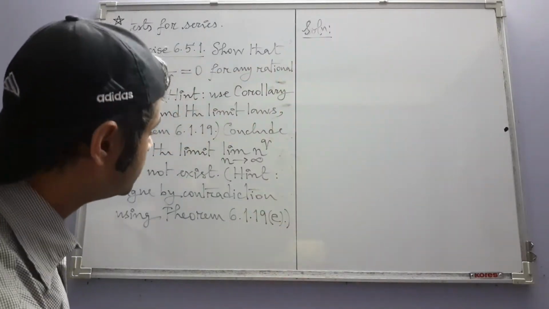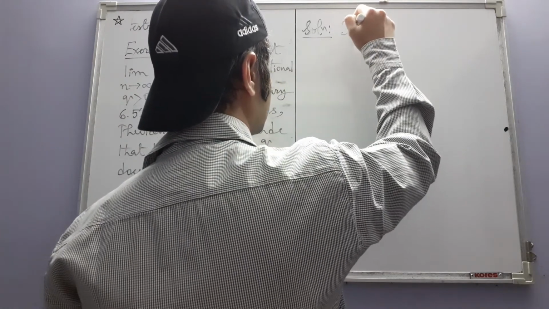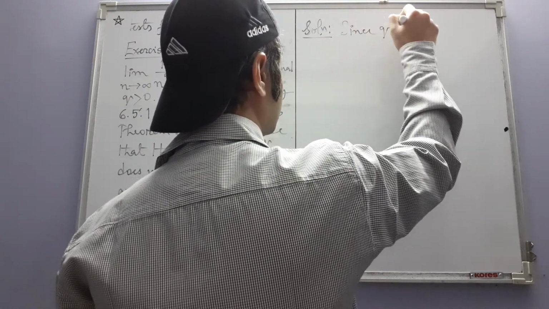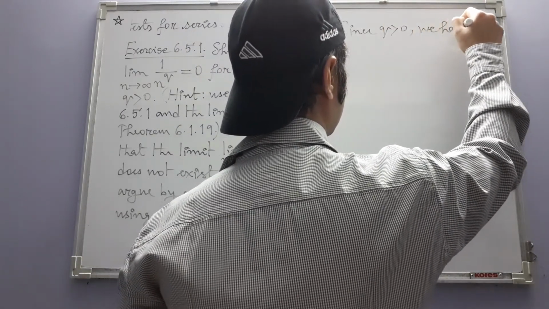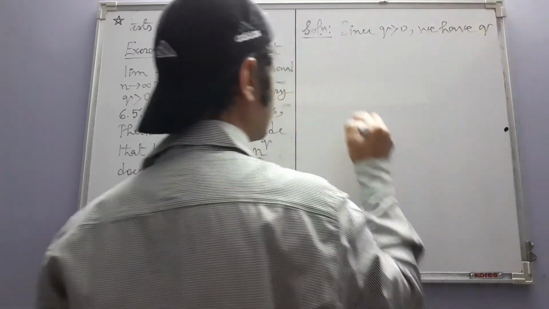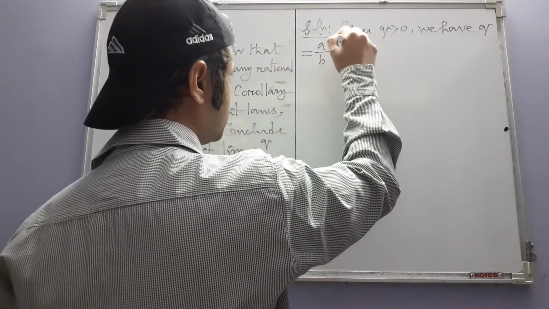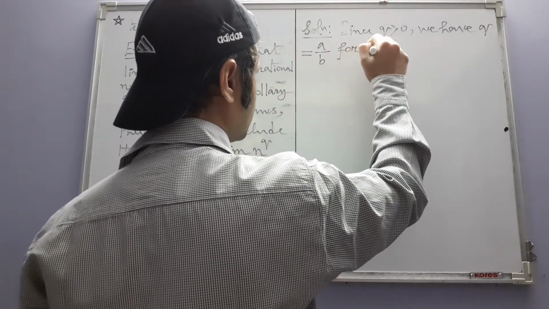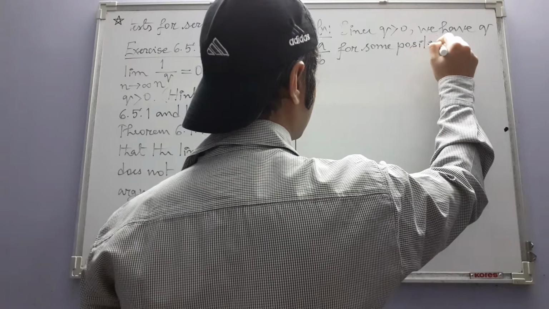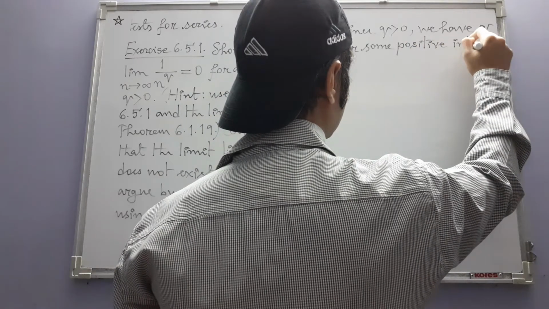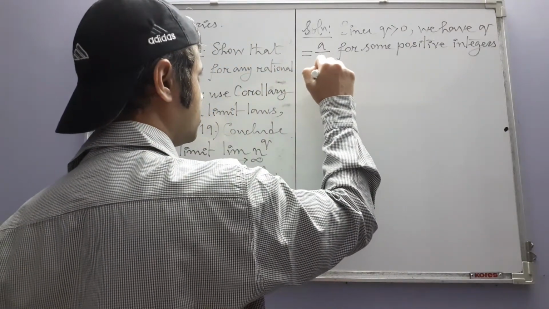Because q is a positive rational number, since q is positive, we have q equal to a divided by b for some positive integers a and b.